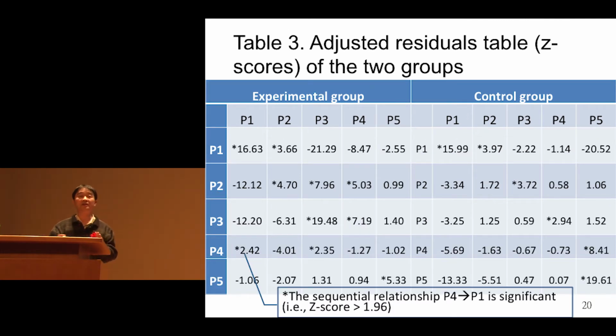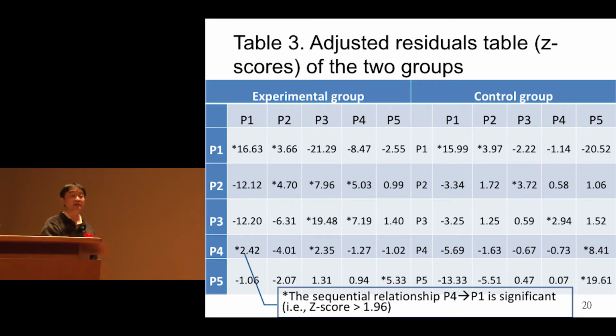And then we can use the same software to transfer the frequency table into this table. In this table, these are z-scores. A z-score greater than 1.96 means that the relationship is significant. So we make a mark on those values bigger than 1.96.